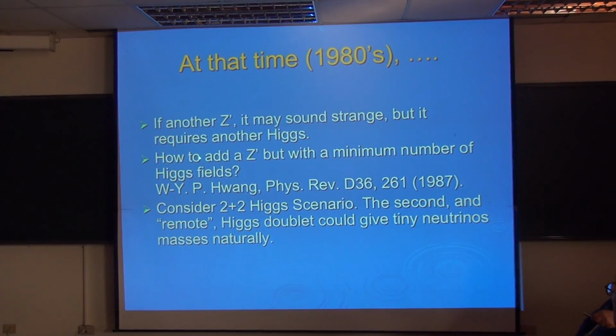So my question is how to add a Z prime but with the minimum number of Higgs fields. I tried to publish that in a paper.